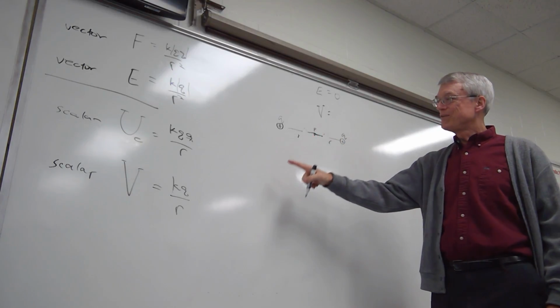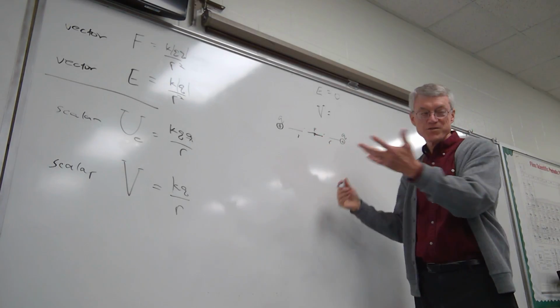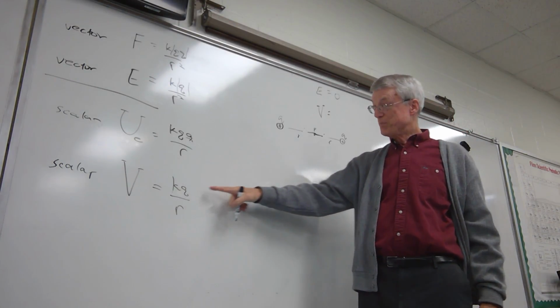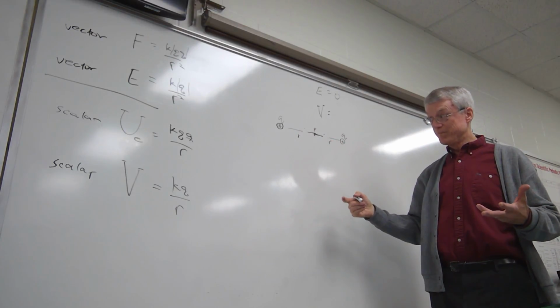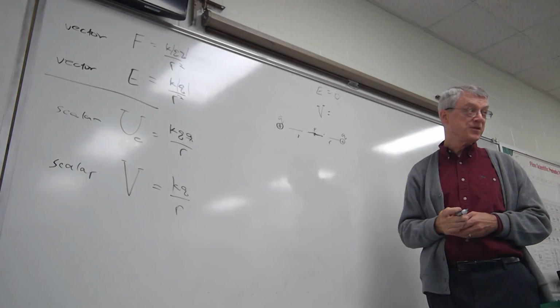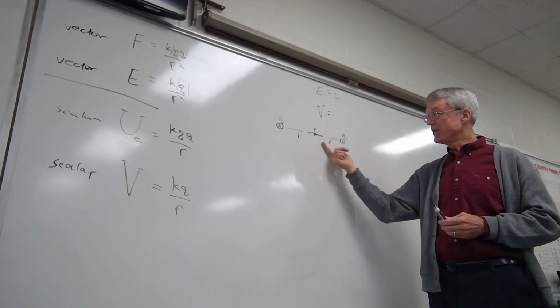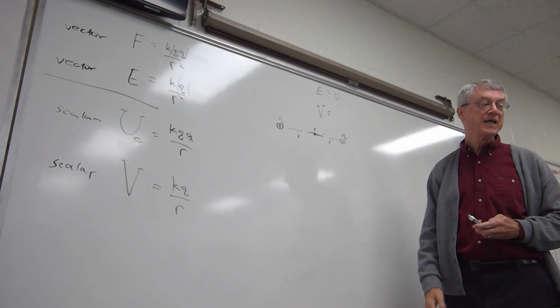Because there are no vectors to draw, so it's not opposite directions, there is no direction. It's not the absolute value of Q, you put it in, well now they're both positive, so if you add them up, two positive numbers would never add up to 0. So you know it's not 0. It would be this plus this. It would be KQ over R plus KQ over R. You just add them together.